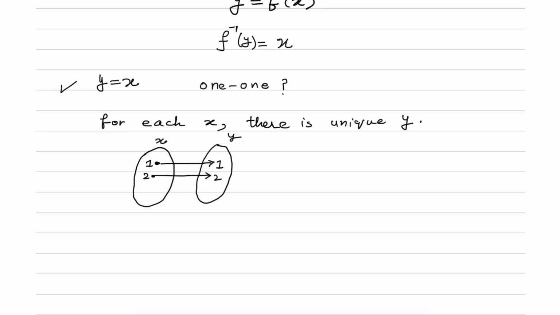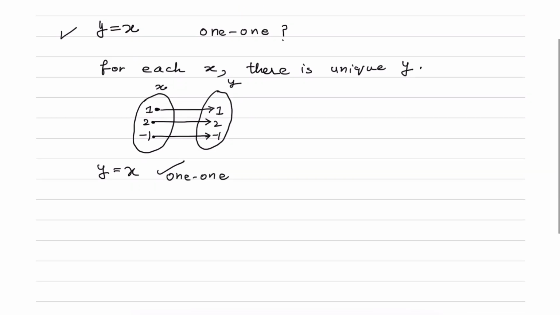If we take x as -1, the answer is -1. So for each x, we are getting a unique y. So this kind of function will be called 1, 1. So y equal to x, yes, it is 1, 1. So if it is 1, 1, it will have its inverse. y equal to x will have an inverse function.